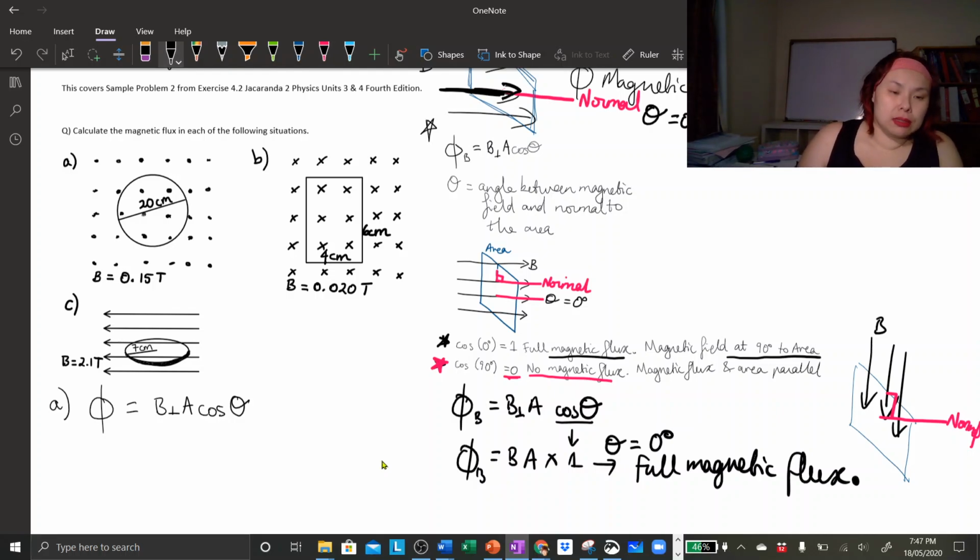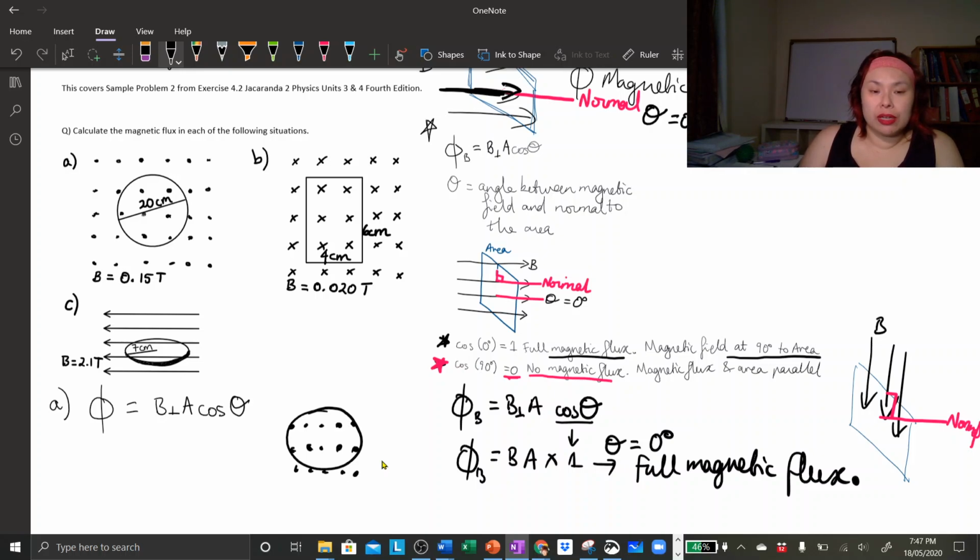Let's practice this. So we have in part A a circle, and it's flat on the screen, and then the magnetic field is coming out of the page.